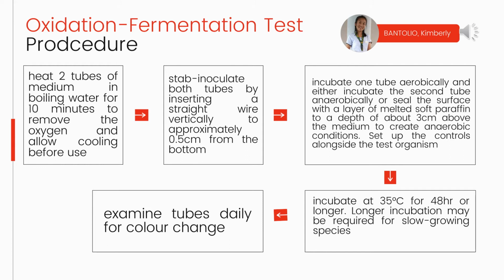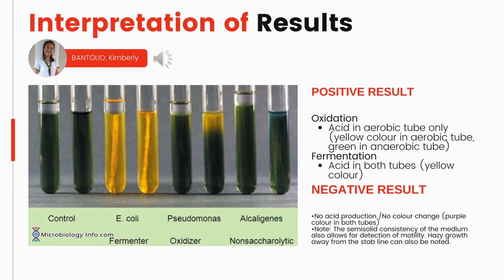So tube one is marked aerobic, and tube two is anaerobic, where we use the soft paraffin oil or the Vaseline layer to induce an anaerobic environment. For the interpretation, in gram-negative rod reactions, a positive result of oxidation is acid in the aerobic tube only, yellow color, and green in the anaerobic tube.